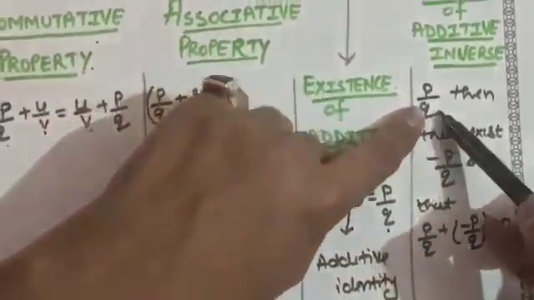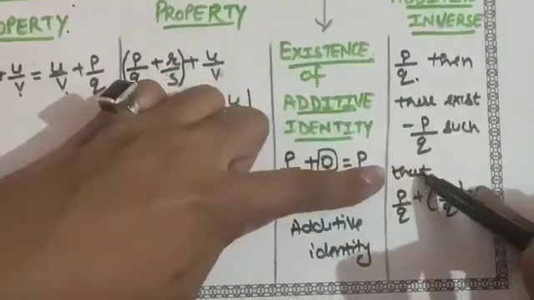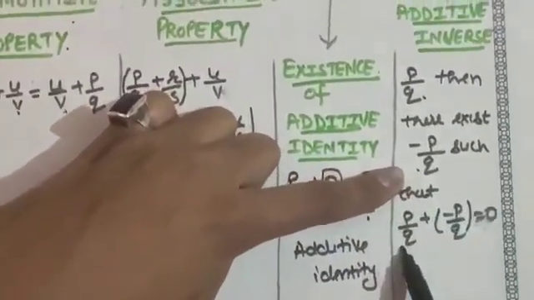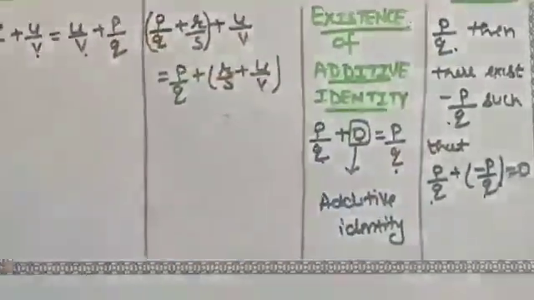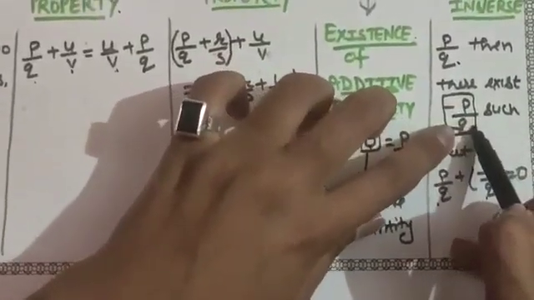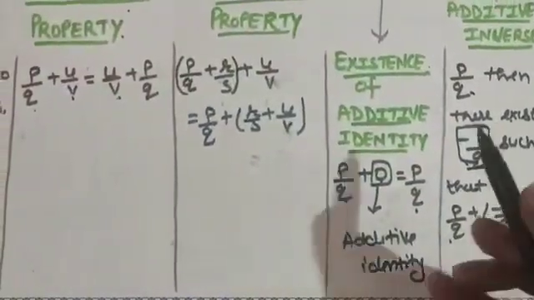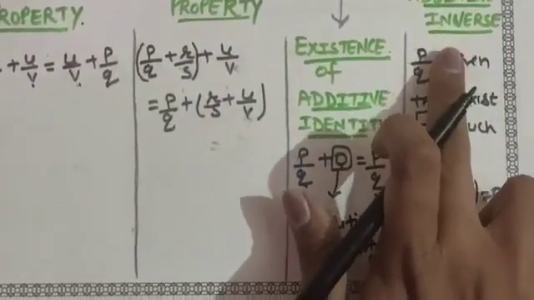Means for any rational number p by q, there exists a negative of it, that is minus p by q, such that p by q plus minus p by q is 0. So there is a definition that minus p by q will be known as the additive inverse of p by q. Whenever we need to find the additive inverse of a rational number, you just need to change the sign.